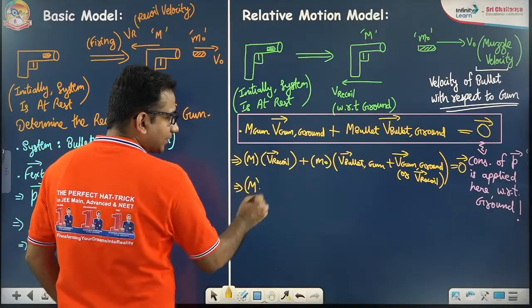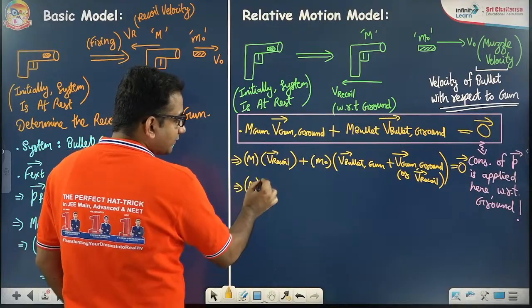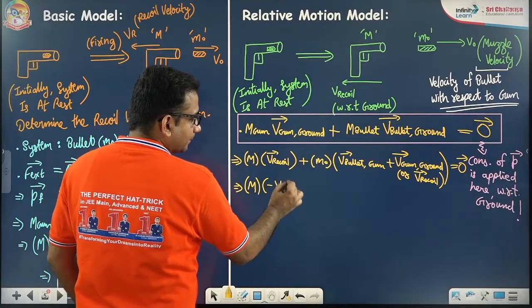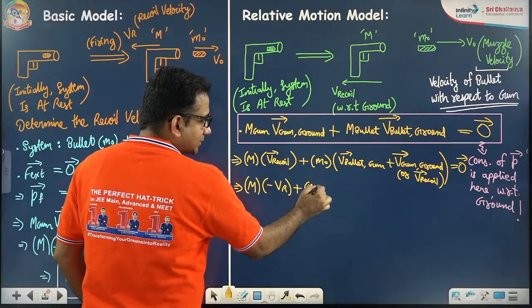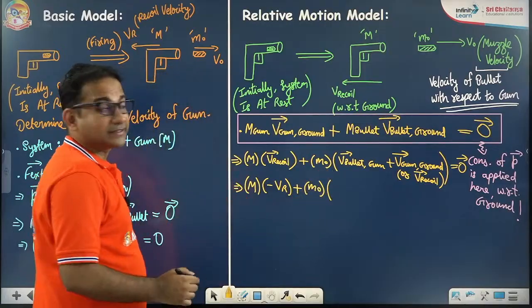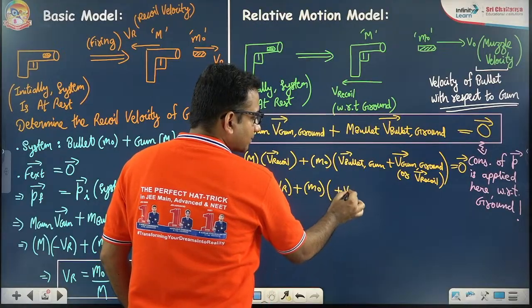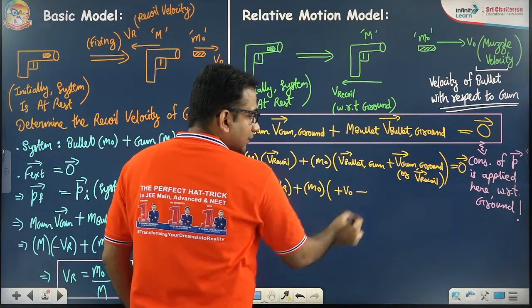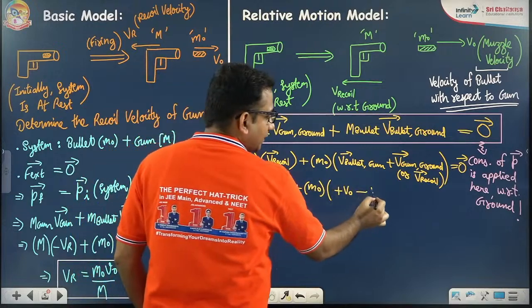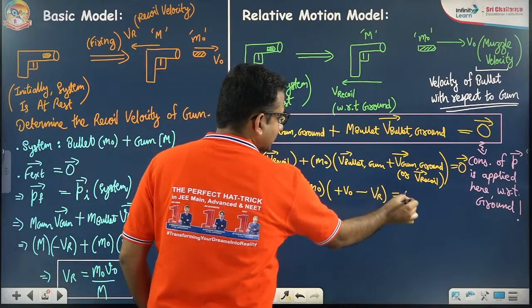So this is mass capital M. The recoil velocity vector is minus VR, plus m0 as it is. Velocity of bullet with respect to gun is the muzzle velocity, that is plus V0, plus velocity of recoil, which will be minus VR, that is equal to 0.